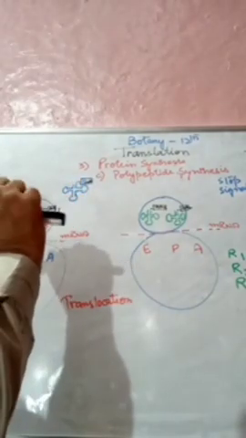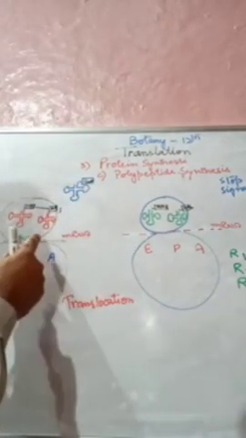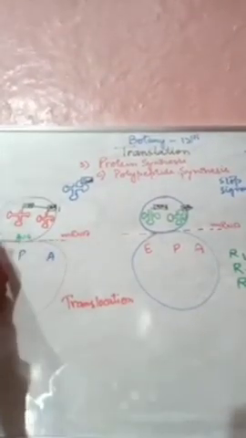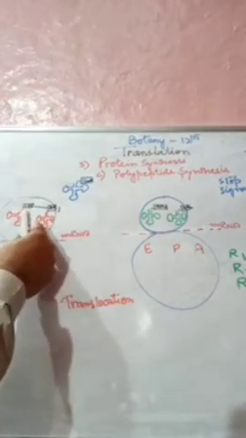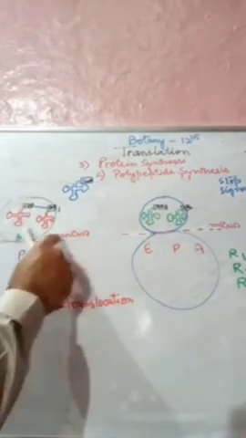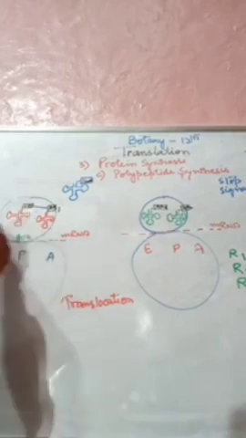First it was here, then here, then here. When it moves, the transfer RNA exits from here, and another transfer RNA comes in as the ribosome moves along the mRNA.